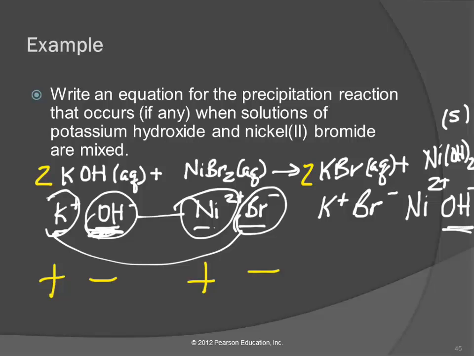So we've got a guy and a girl, and a guy and a girl, because it's positive and negative charges. 2 positive charges are not going to be attracted to each other. And so you can't have potassium with nickel because like charges repel each other. You can't have hydroxide with bromide because those negative charges repel each other. So potassium only has 2 possible partners, the one he came with and the one that the other guy came with.